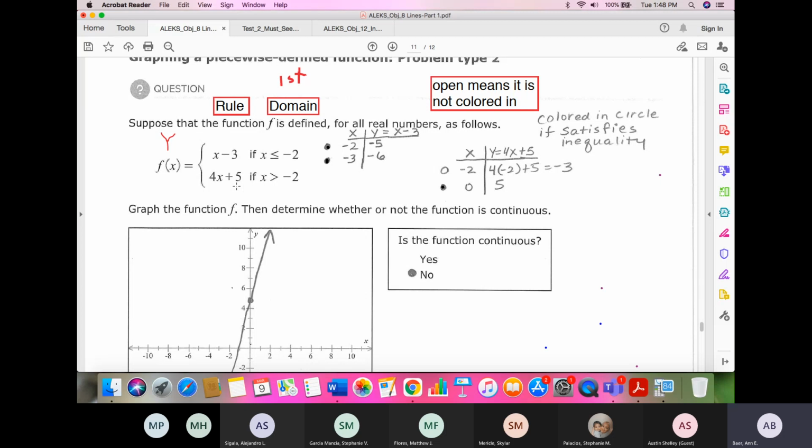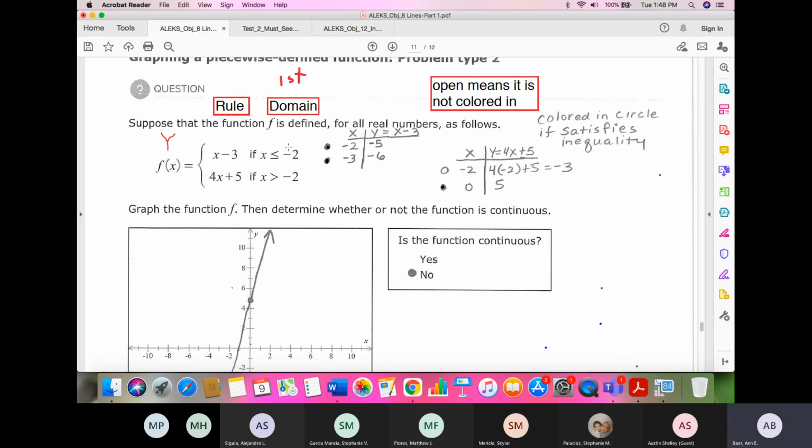We only need 2 points on each piece because 2 points determine a line. I've got these little t-tables that I wrote down here and here. For this first piece right here, this is the t-table for the top piece. For this piece, straight over here is the t-table.